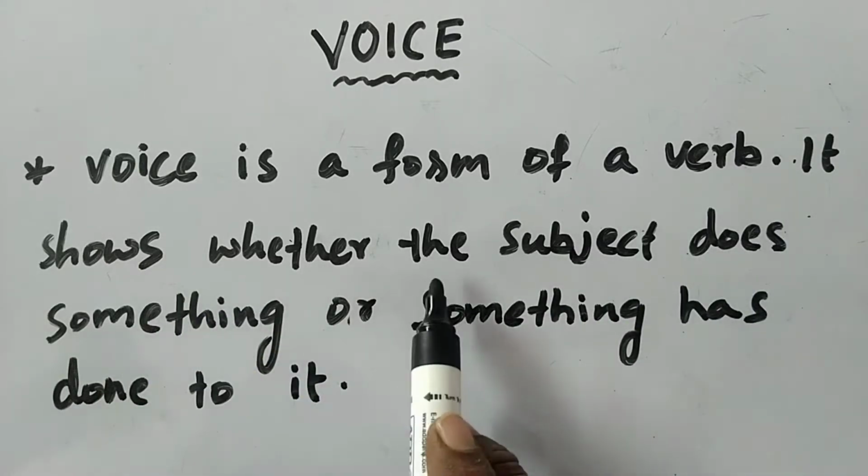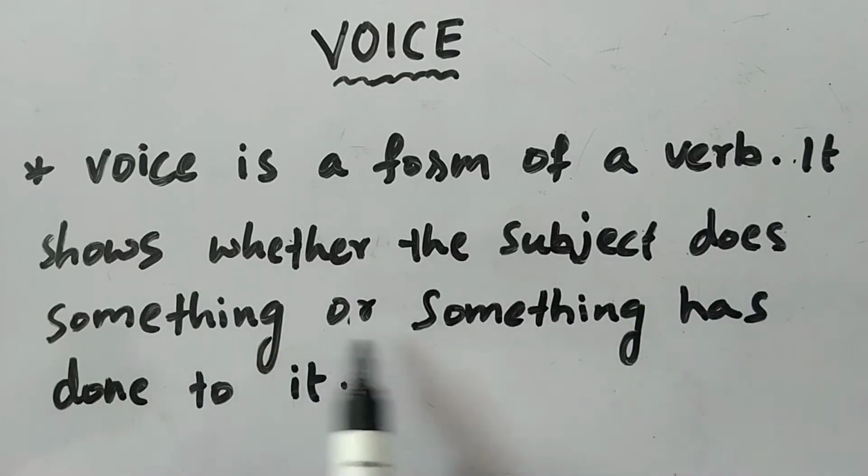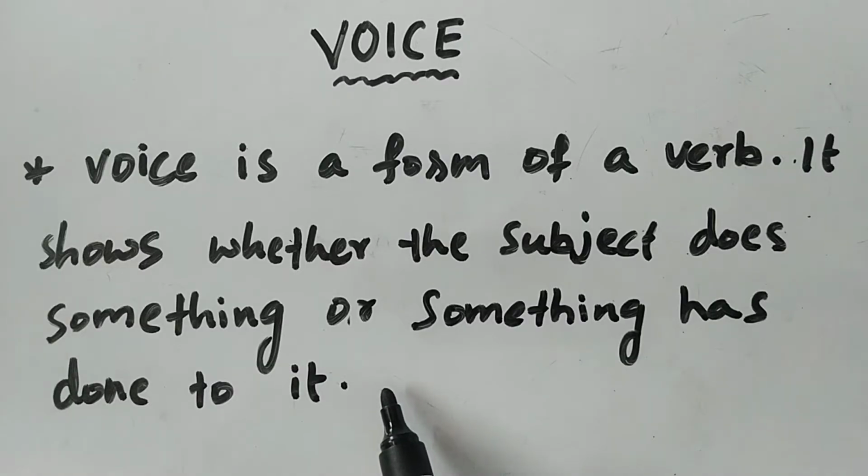It shows whether the subject does something or something has done to it. It means whether the subject is working or whether the object is working. If the subject is working, it is said to be active voice. If the object is working, it is said to be passive voice.